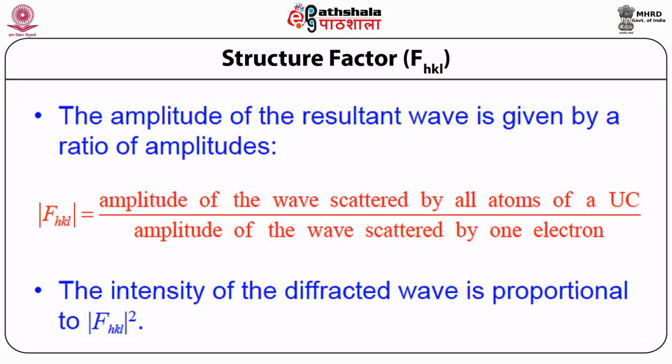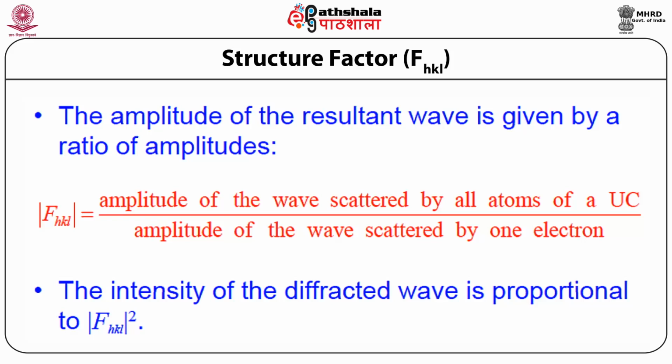So you see here we have defined the structure factor like this. The modulus of F(HKL) is equal to the amplitude of the wave scattered by all atoms of a unit cell, divided by the amplitude of the wave scattered by one electron.